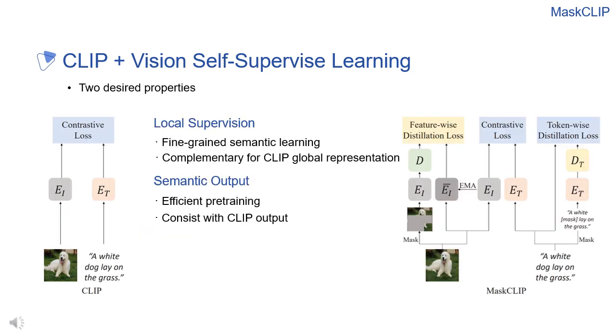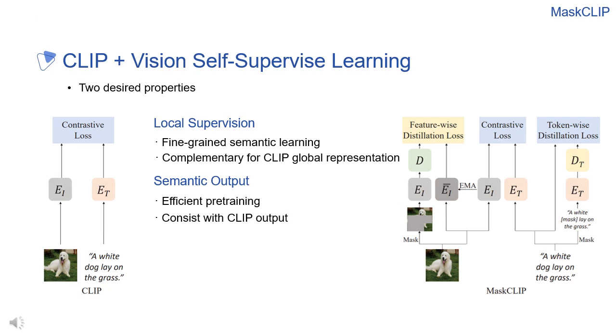By analyzing the combination of CLIP and the current image self-supervised learning methods, we find a desired self-supervised learning method should have the following properties. First, it should be a local supervision on each token, so that it could learn fine-grained semantics and be complementary with the CLIP global representation learning. Second, its supervision should be a high-level semantic supervision, so that the pre-training is much more efficient and the output is consistent with CLIP.